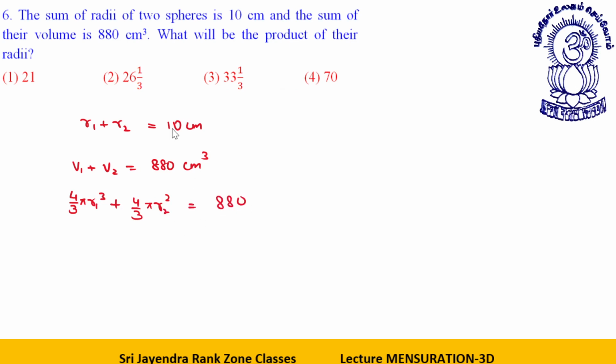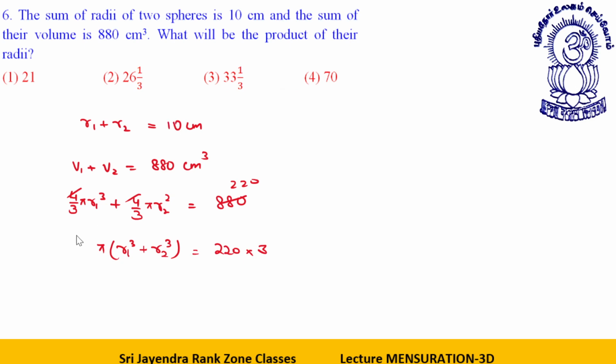Now, if I cancel 4, it becomes 220 if I take 4 common. I take 3 here. If I take pi common, I have r1 cube plus r2 cube is equal to 220 into 3.